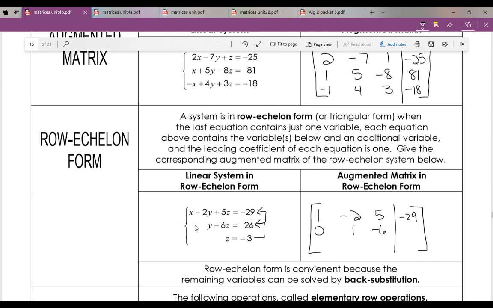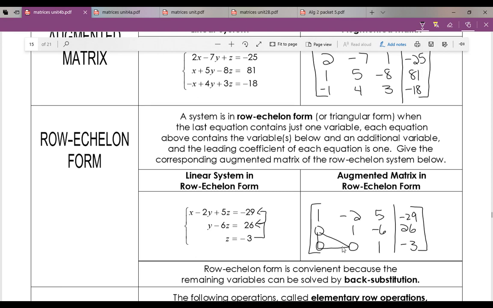I don't have an x, so I have to put a filler. And then I have 0, 0, 1, -3. Now it's really easy to see the triangle when the zeros are in the matrix, because that bottom corner is a 0. But what's special about the main diagonal?